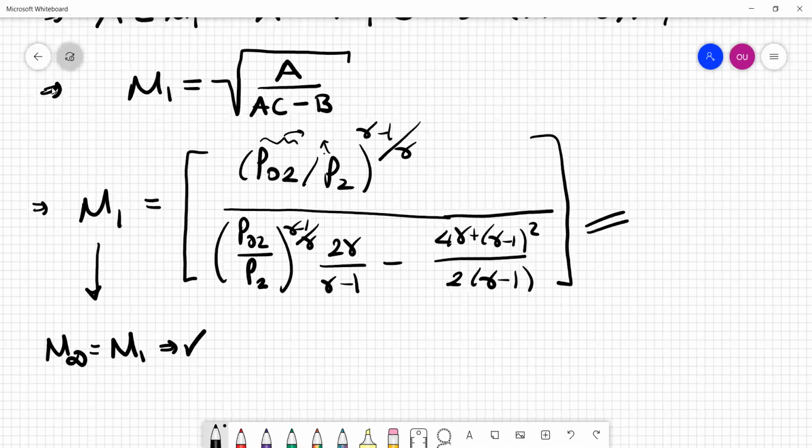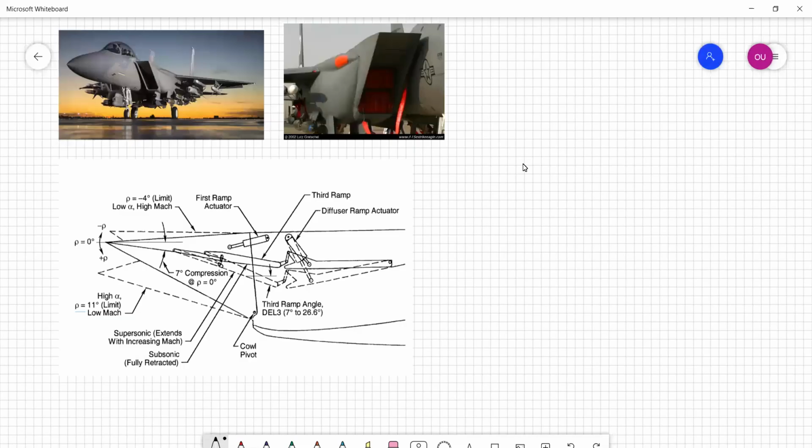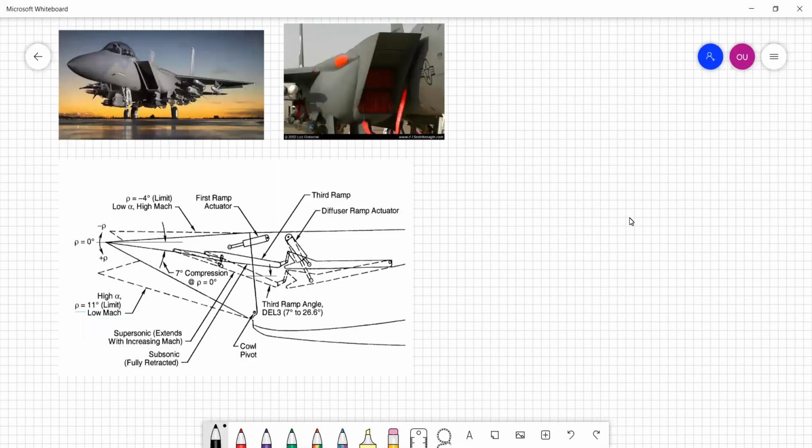Good. So now I will go back to my other whiteboard, and we started talking about oblique shock waves. At the very last second, actually, I was giving an example, but I realized that I was already disconnected.